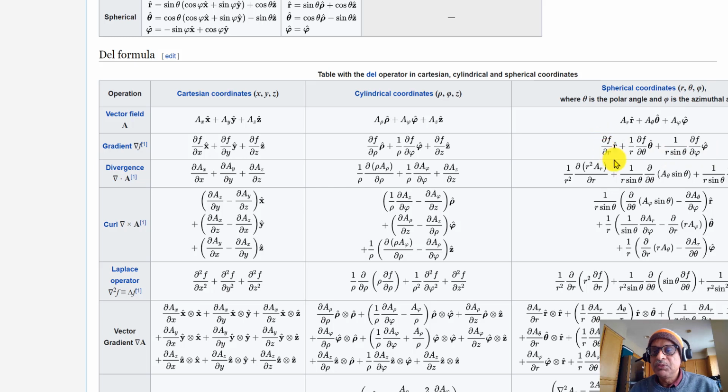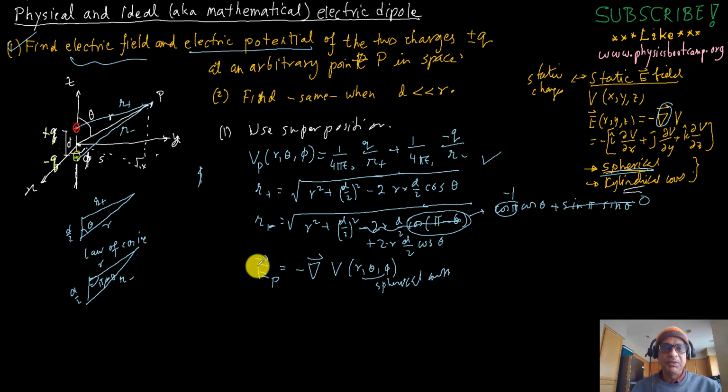This one looks like a d/dx kind of thing, but this does not look like d/dx, although it is in a way d/dx, but in the phi direction. If you haven't learned this, that's okay, we can just use this. Now this term will be 0, because we don't have phi in our V, so we just need these two terms. Okay, let's go back to our drawing.